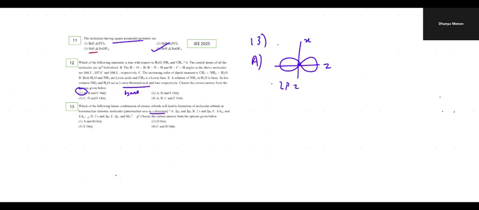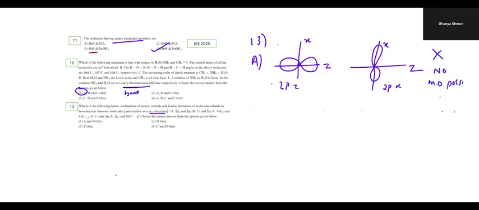So 2pz, and if this is the z-axis, the internuclear axis, then we draw the 2px this way. This is the x-axis, 2px. So this type of overlapping is not possible. So no molecular orbital possible.